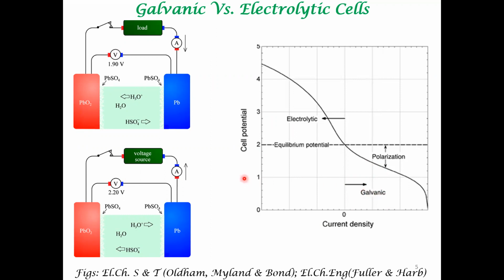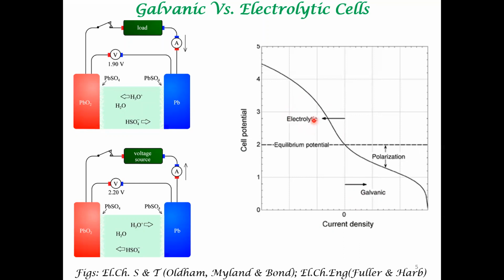Sometimes you are just imposing an external potential and generating certain chemicals. That's called electrolytic cell. Both play a very important role. Batteries and fuel cells are in this. These are galvanic systems, but let's say chloralkali cells, we'll see a lot of electrochemicals are generated, and these are all electrolytic operations of an electrochemical cell.